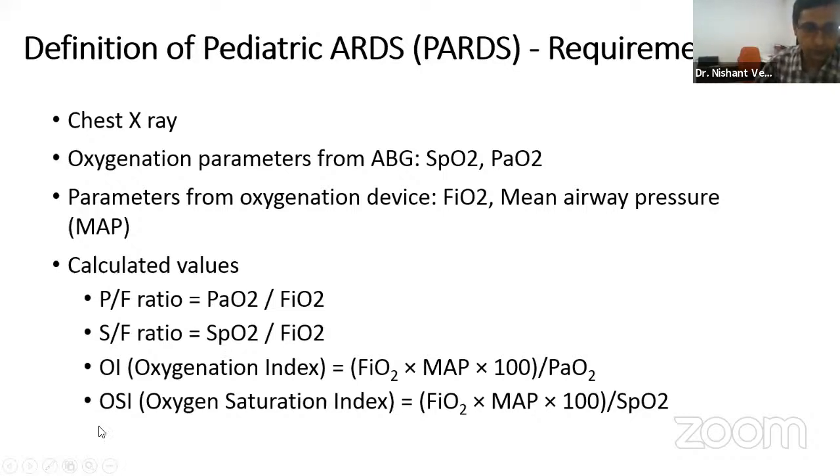For SF ratio and oxygen saturation index, we do not need an ABG. We can do it with the help of saturation, which can be measured from a pulse oximeter. But for PF ratio and oxygenation index, we need ABG as well.